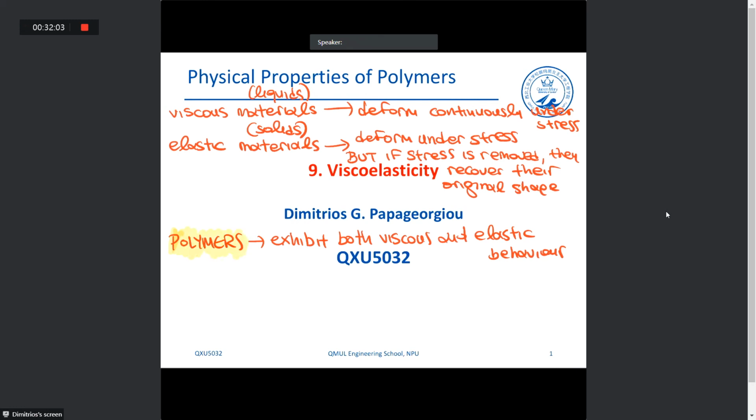At low temperatures or high strain rates, what did we say the behavior of a polymer is at low temperature? Mechanically, what is the type of behavior for a polymer?